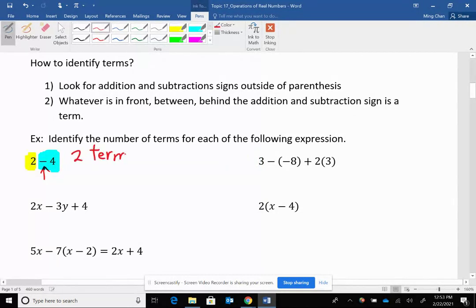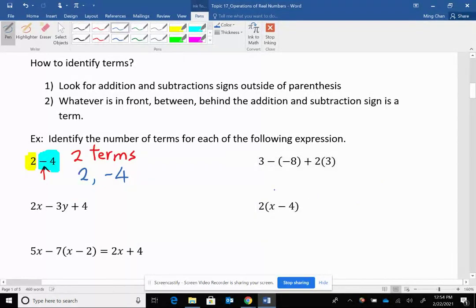And what are my two terms? My two terms are a positive 2 and a negative 4. There are two different objects. The problem reads as 2 minus 4, but that subtraction sign helps you identify how many terms you have. This is the way we look at algebra.